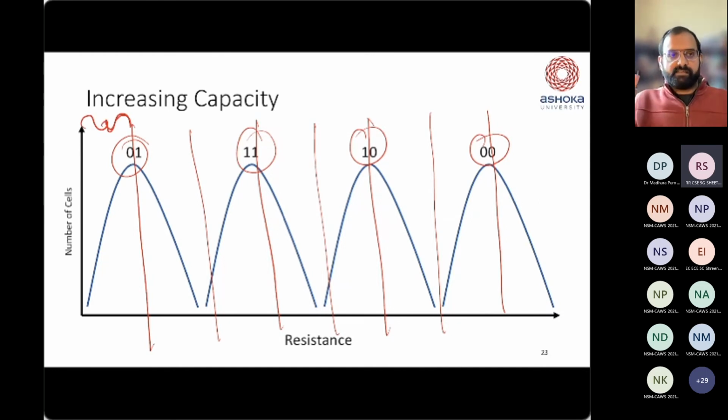So given a resistance range for a particular memory technology, if I'm able to program it with large confidence in this smaller range, and I think that's the key here, then I can have more and more capacity per cell. So even with one cell, I can keep adding more bits of information, right? I can go from 1 bit to 2 bits to 3 bits, so on and so forth.